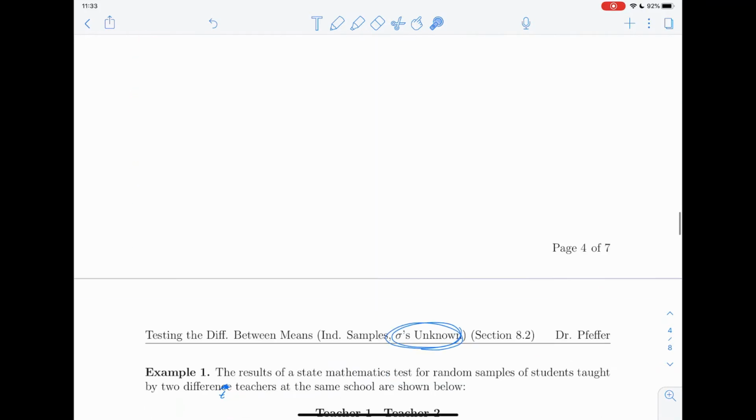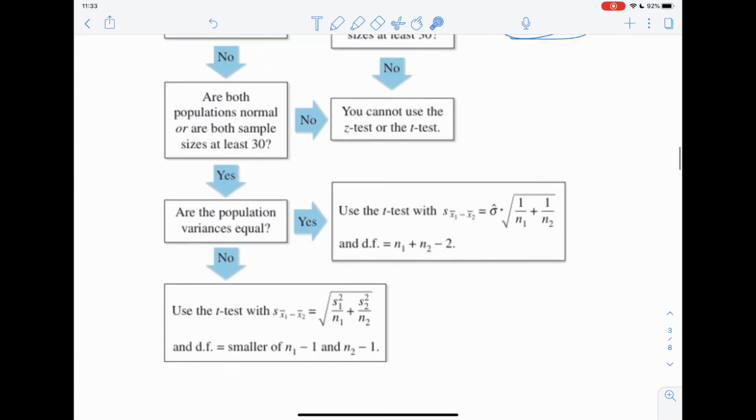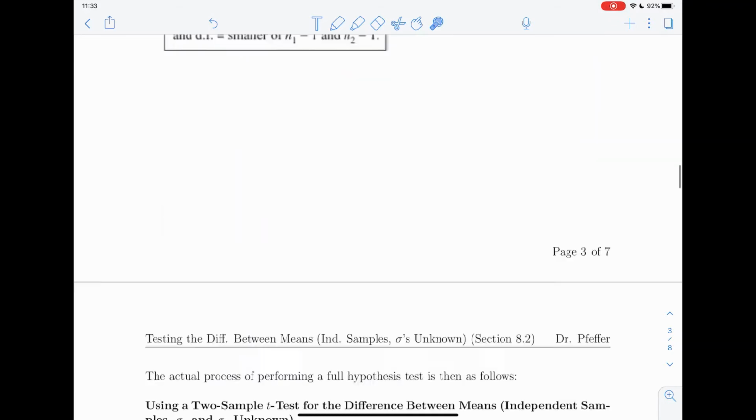Because remember, based on the flowchart, if the population variances were not equal, which is the context of what we're in right now, then the standard error, the denominator of the standardized test statistic, follows this formula. So this is the information we're going to import.